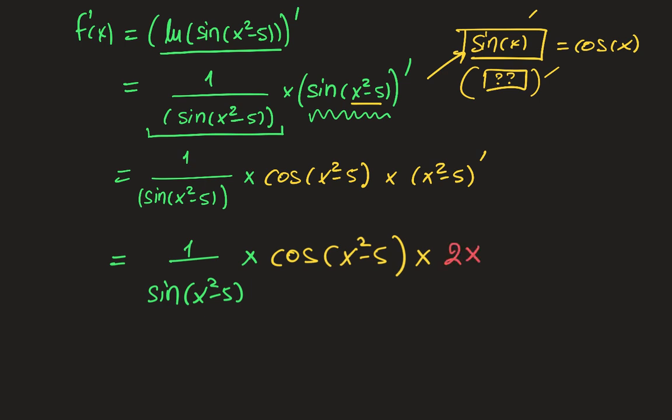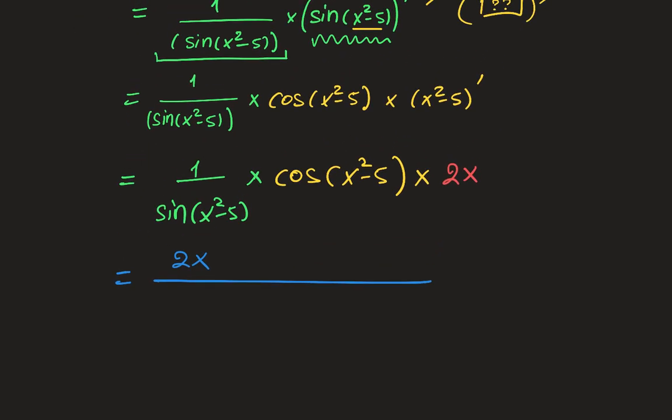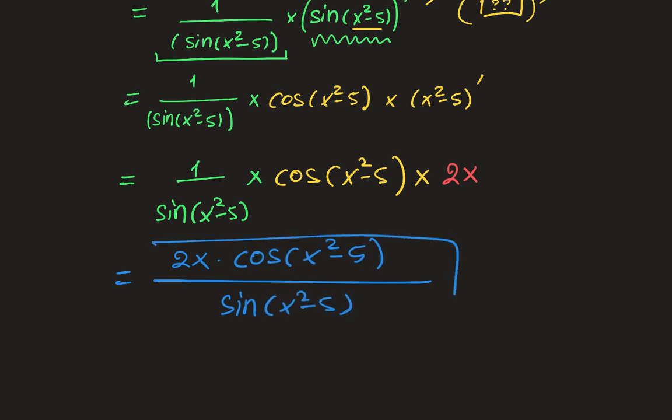And then all I have to do is tidy up the whole thing and put it in a more sensible way. So let's put the 2x right at the front: 2x times cos of x squared minus 5 over sine of x squared minus 5. And that would be my final answer.